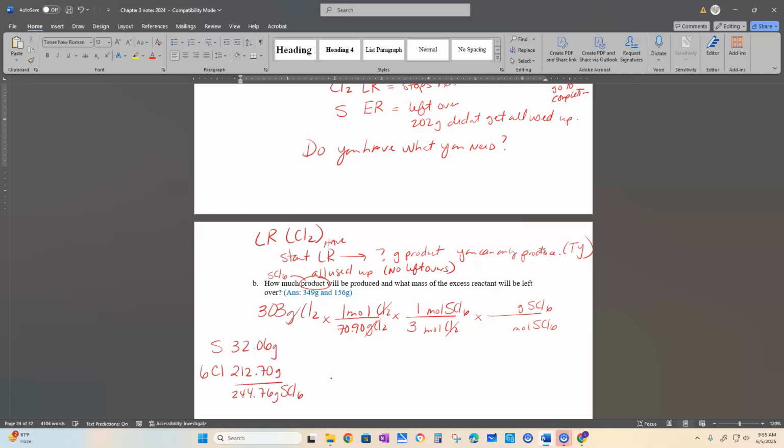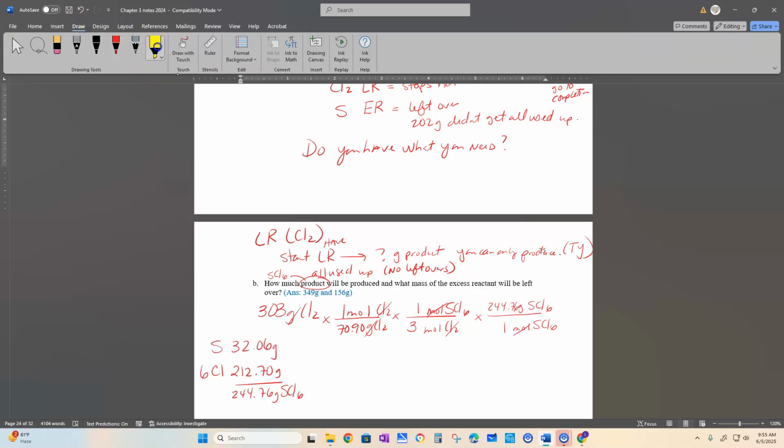And I'm going to put that on top and 1 mole on the bottom. So bye-bye mole. So we are going to multiply the 2 numbers on top, but I actually have to divide twice. So divide 79 and then divide by 3. So let's plug this in, and if we do this right, we should get that blue number that's listed.